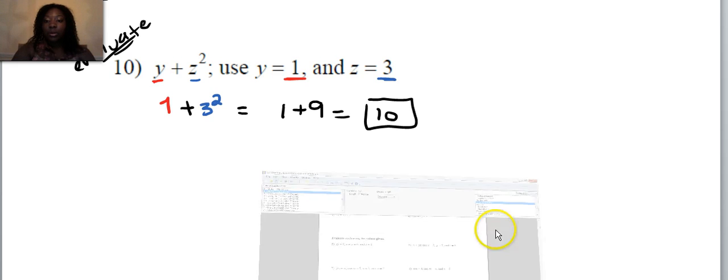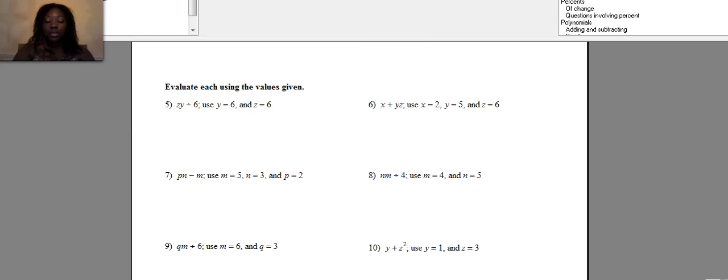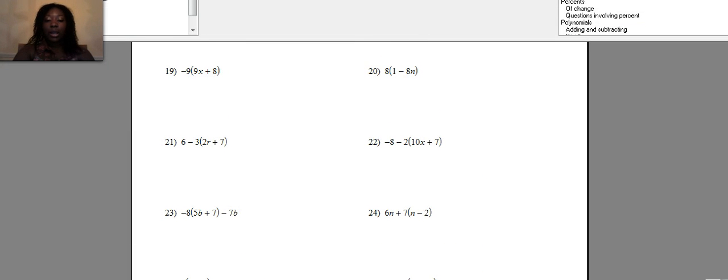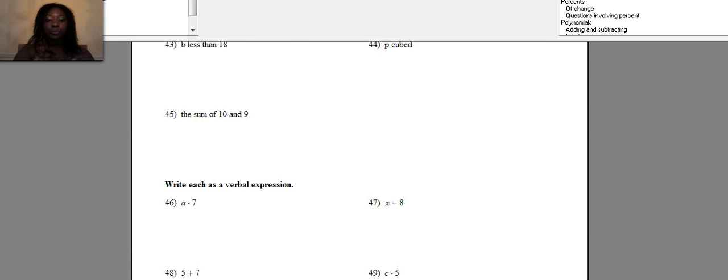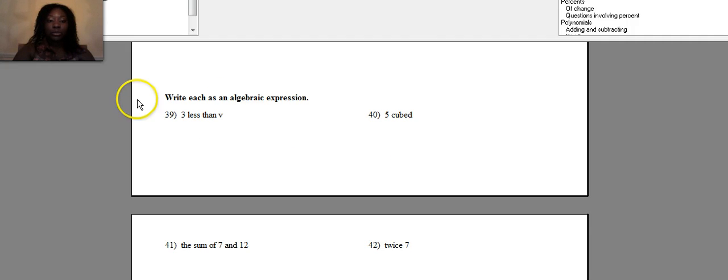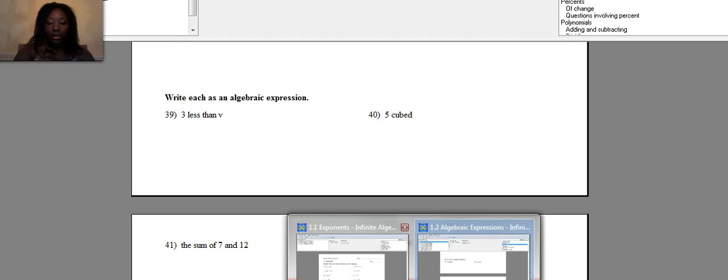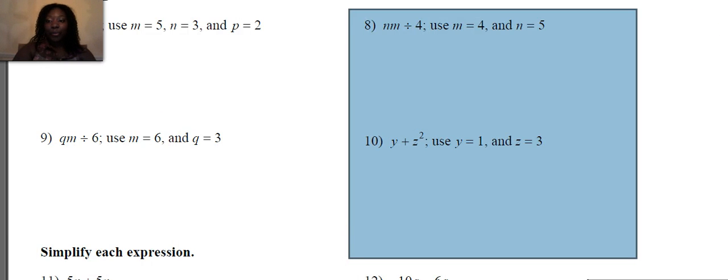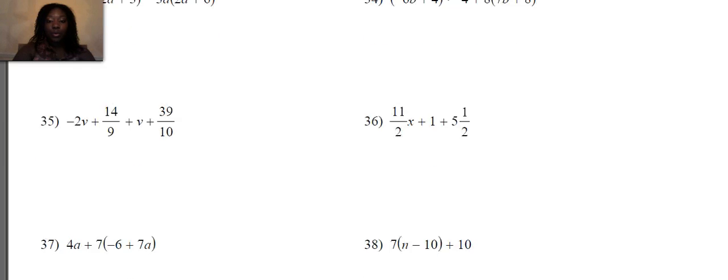Okay, so next thing is, let's go to the final thing that I have here for you guys. Writing algebraic expressions. So taking words and writing it in algebra. Let's go here.